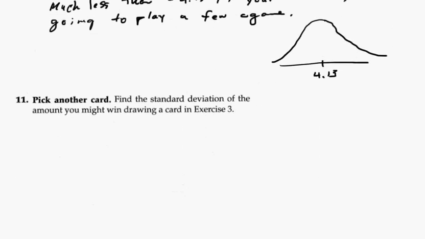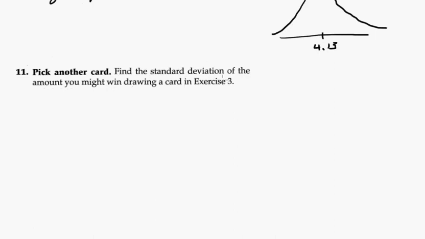Speaking of variability, what's the standard deviation for this situation? Let's start with the variance and then we'll just take the square root. The variance is the sum of each outcome less the mean that we just computed, squared, and then multiplied by the probability of that outcome.